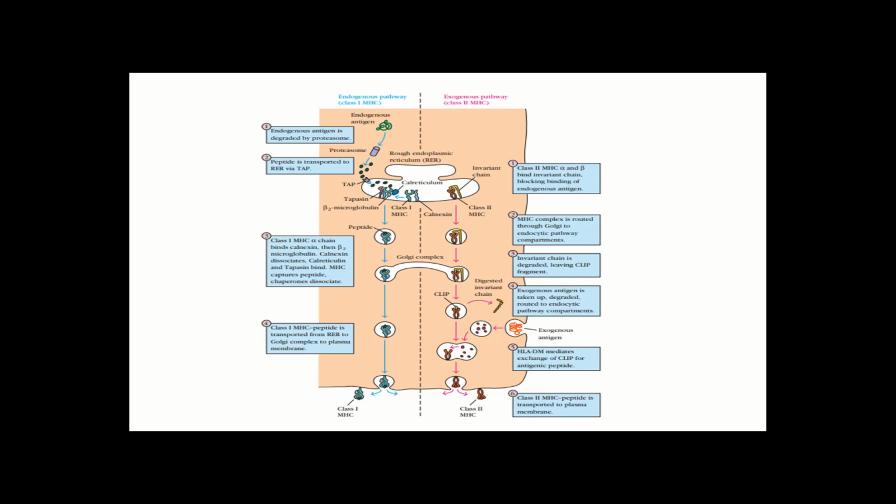After that, the invariant chain will be degraded, and in the endocytic vesicle, the small fragment of the invariant chain, known as CLIP, will be exchanged for the exogenous antigenic peptides. That part belongs to the class 2 MHC pathway.